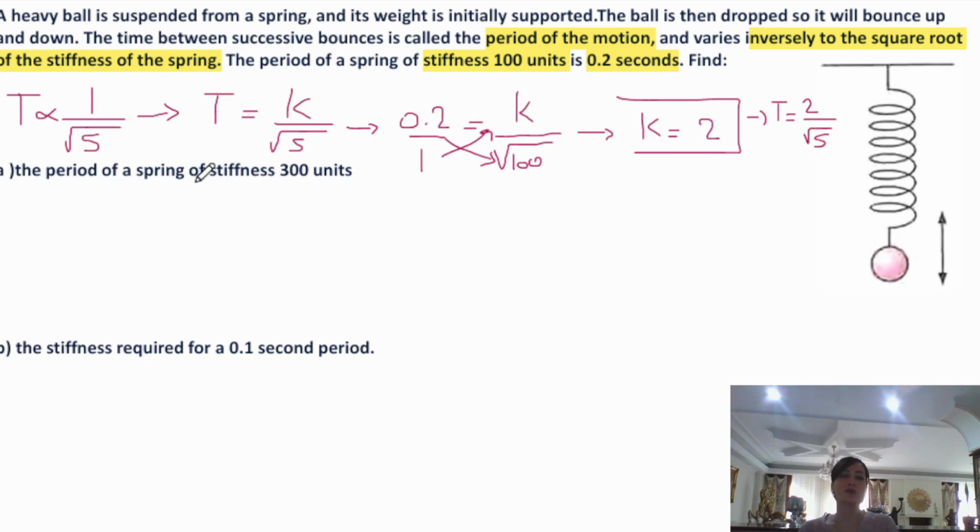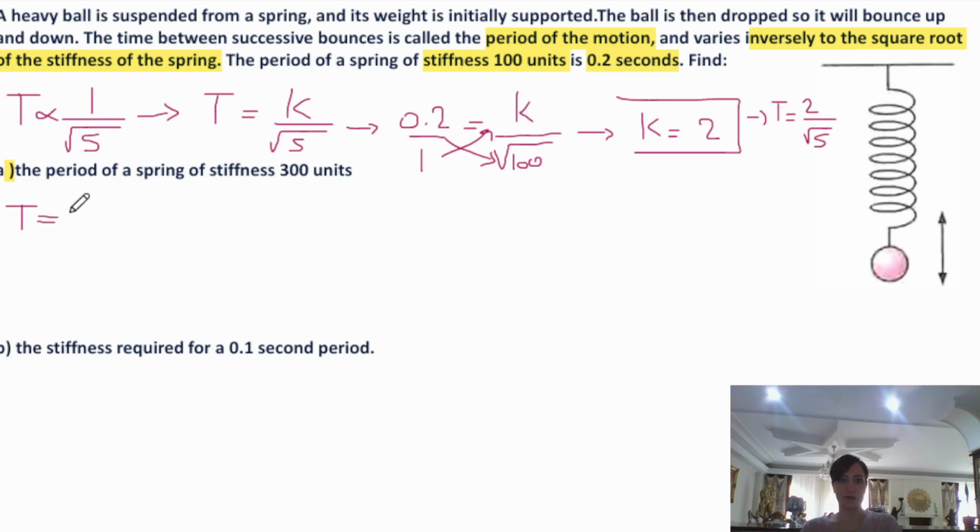Now I go to find the answer of part A. Part A says the period of a spring of a stiffness 300 units. So I am going to find the period, which I don't know.